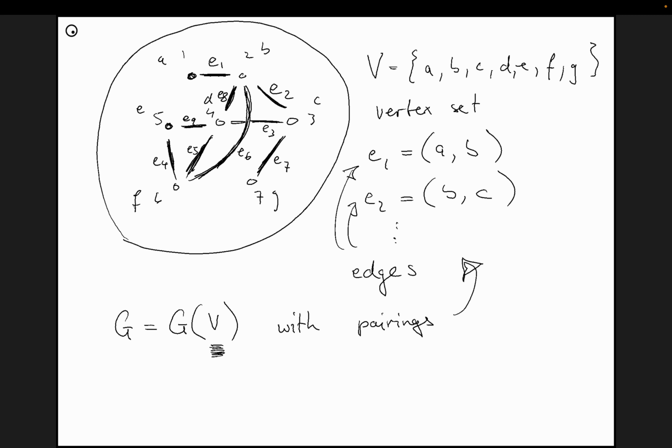So it's important to know that a graph is not only the vertex set, but this family of pairings in this list here. So a graph has the characteristics of vertices being connected through edges, and we list which vertices are connected how by the list of edges.